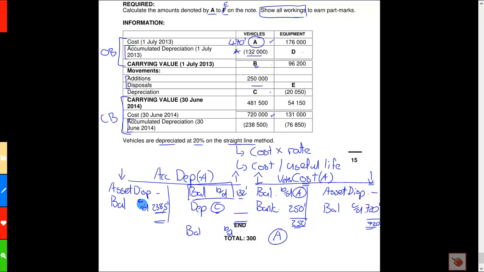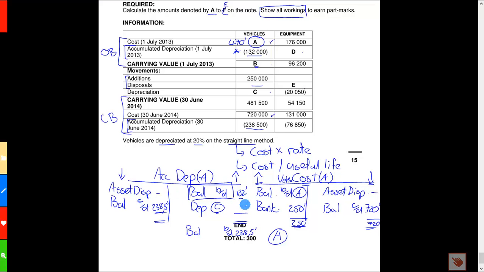The balance carried down at the end of the period is above the line, the balance brought down is below the line. So you'll see this 238,500 is still a credit at the end of the day, but above the line it's going to be on the debit side because it's the balance carried down.